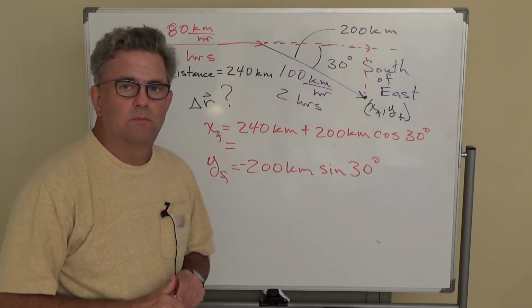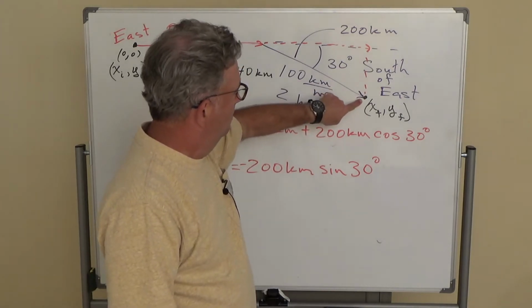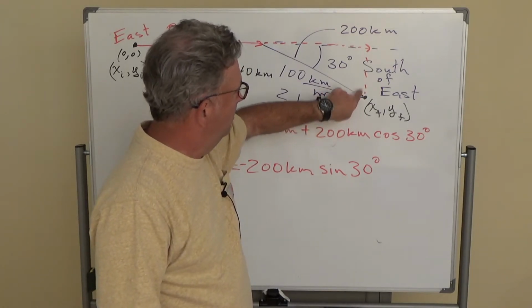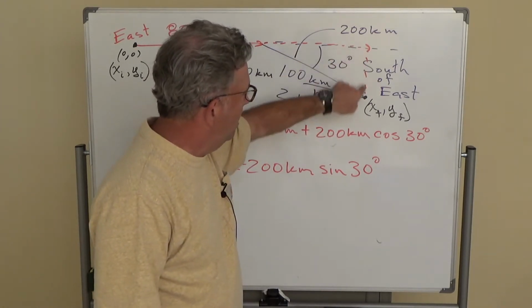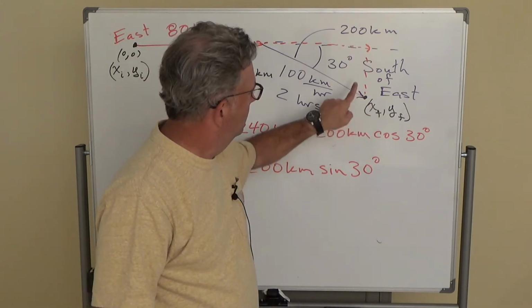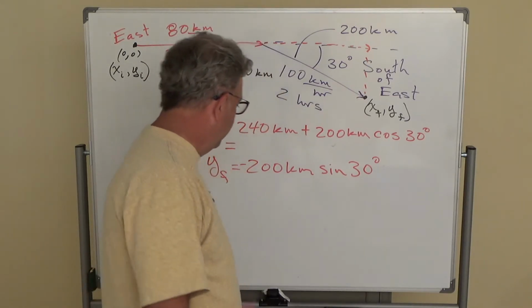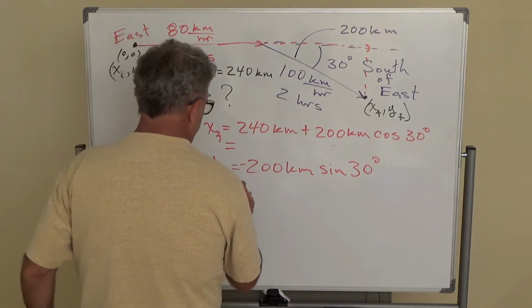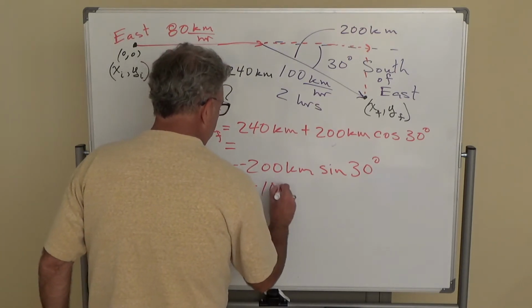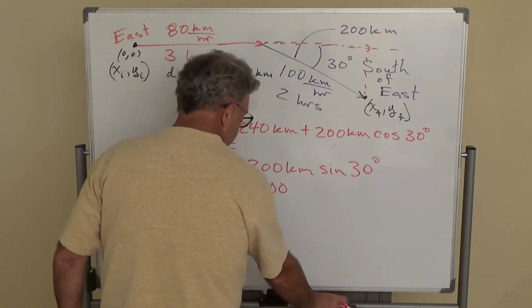Yeah? You are below the x-axis here, and this side is 200 sine of 30. That one's easy. That's 100 kilometers. That's negative 100. Right? Sine 30 is a half.